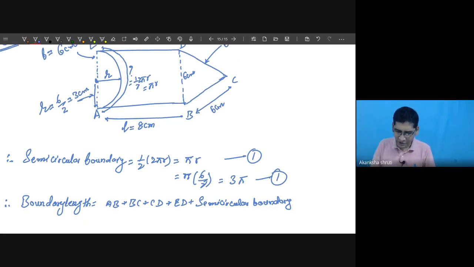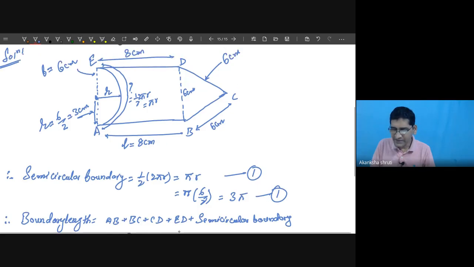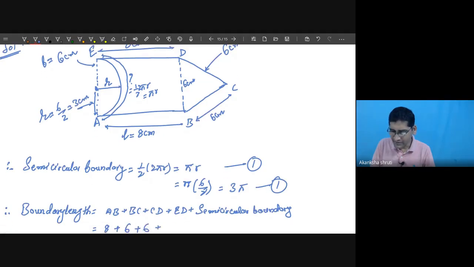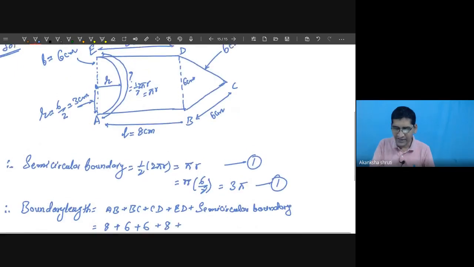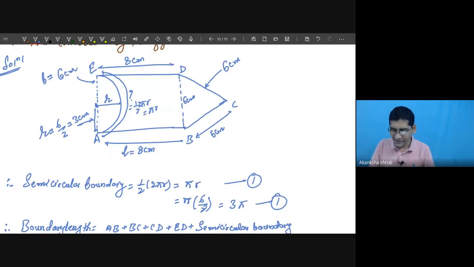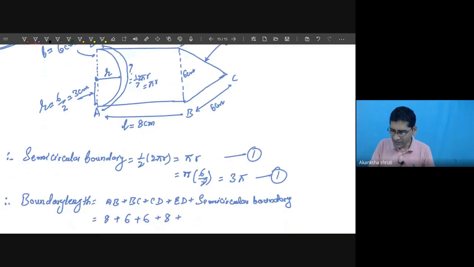So just now substitute it. AB we have drawn on this figure itself as the 8, plus BC 6, plus CD is also 6, plus DE also 8. We have concluded this 8 by saying it is a rectangle. And the semicircular boundary 3 pi.